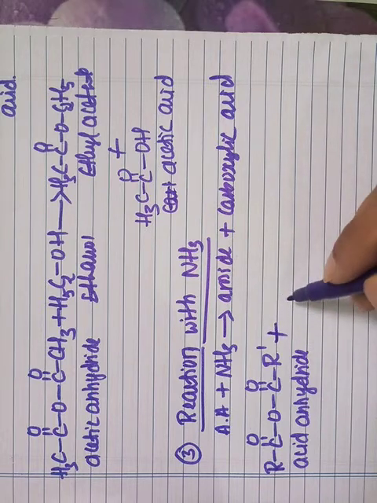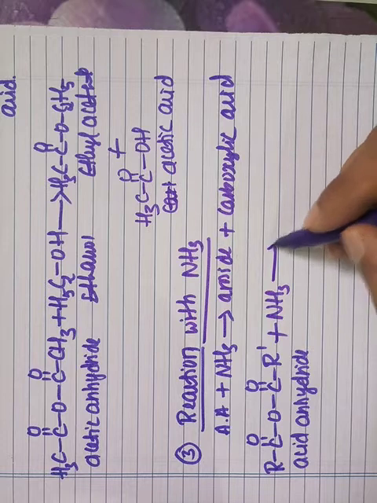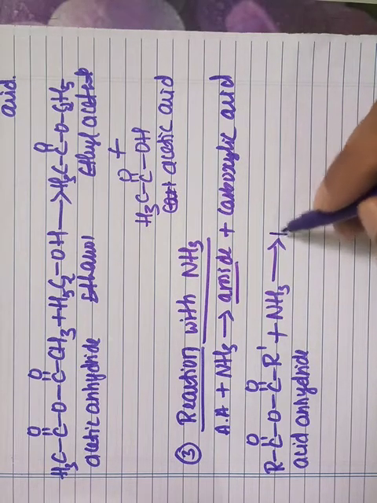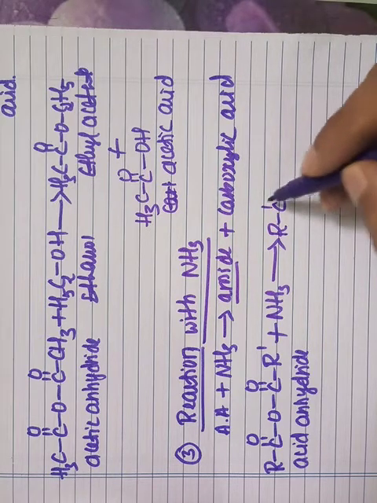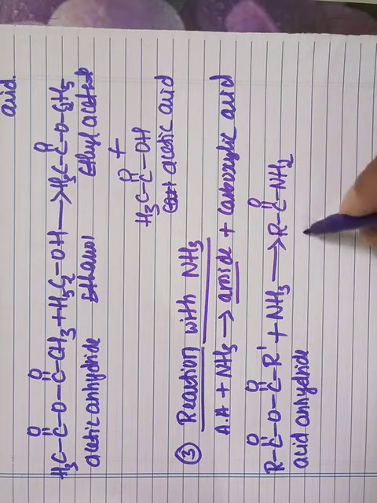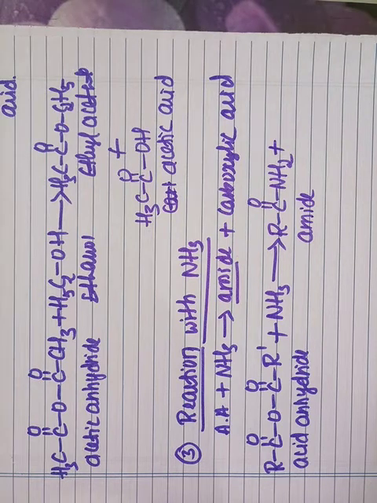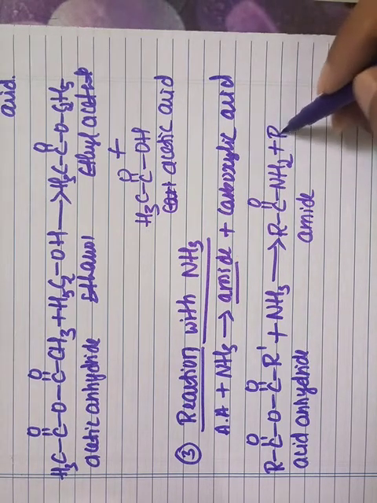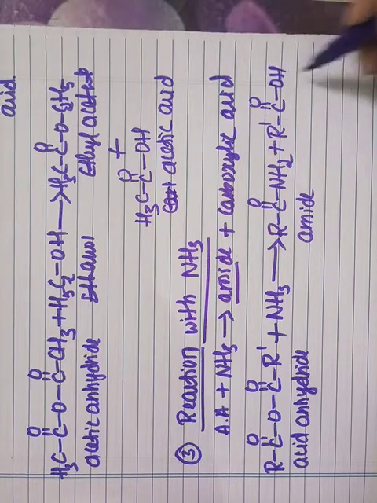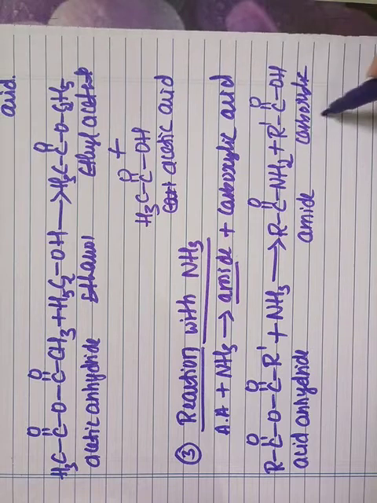When they react with ammonia, they will form an amide, that is RCONH2. So an amide plus a carboxylic acid. This is a carboxylic acid.